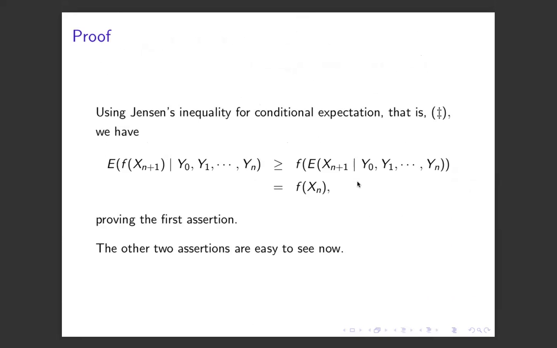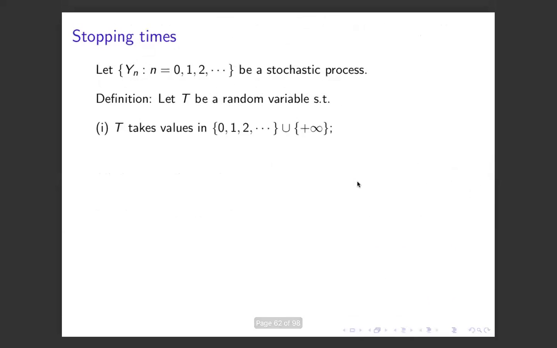All right. So today we will look at stopping times. We have already seen this in the context of Markov chains earlier, some examples. So this is a more general setup. You remember all our martingales are defined with respect to some stochastic process.